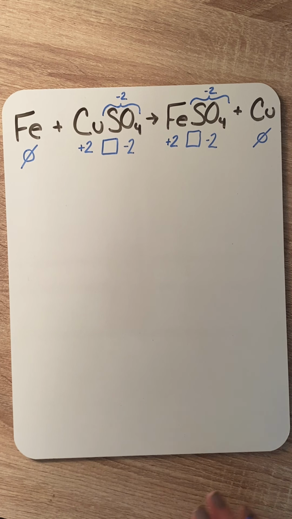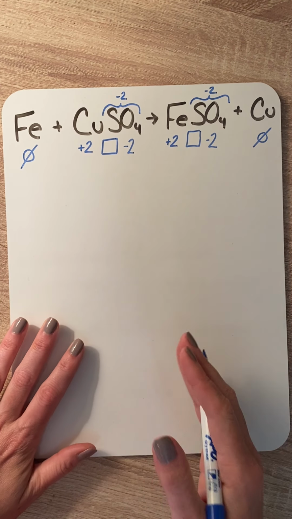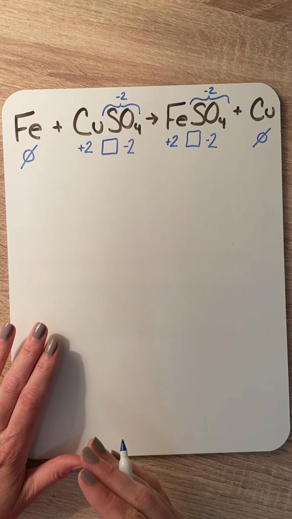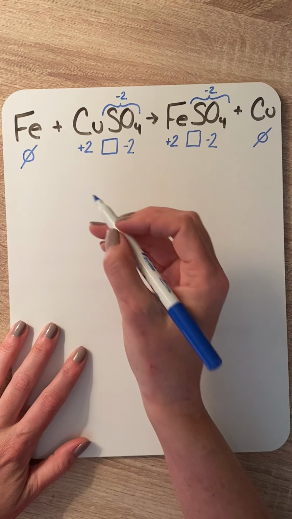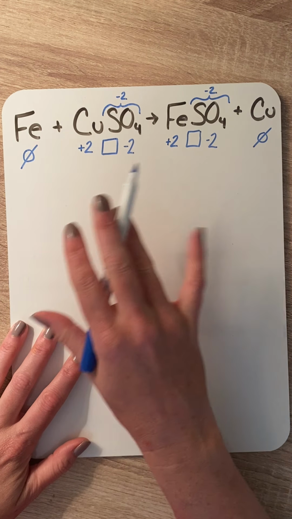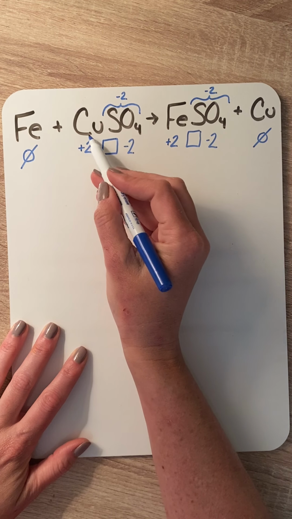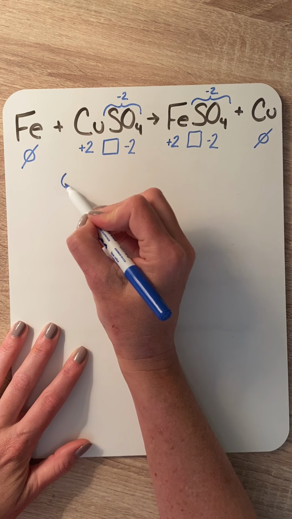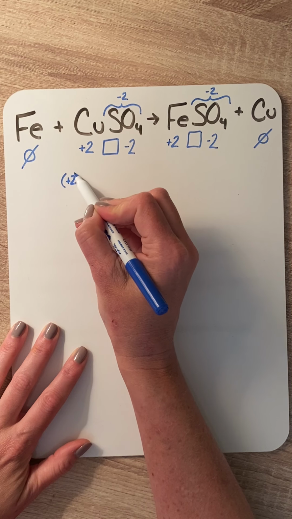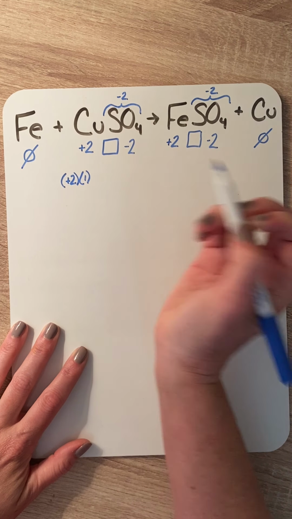So I'm going to break these down into the equations that we've been using to figure out oxidation states. We always take the charge and the number of atoms in that formula, and we make everything add up to 0. My copper has a +2 charge, and I only have 1 of them, so 2 times 1.